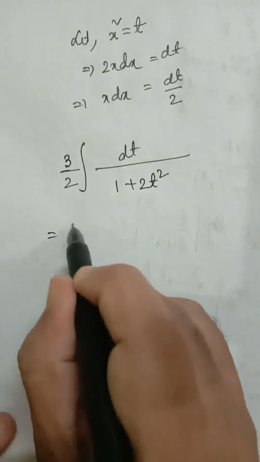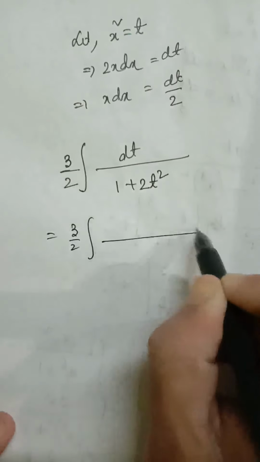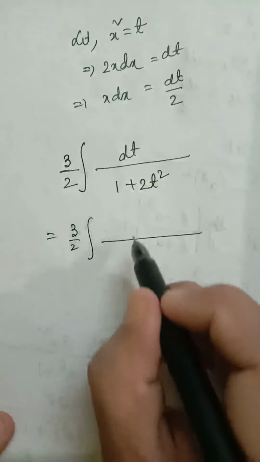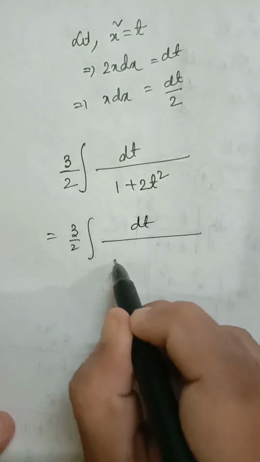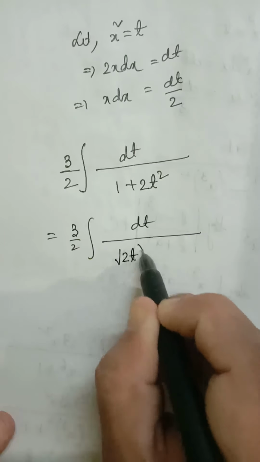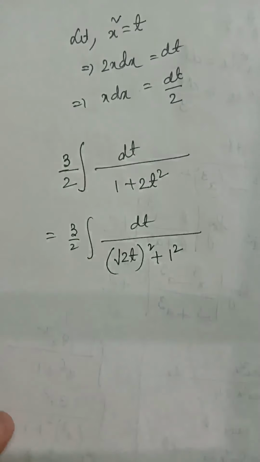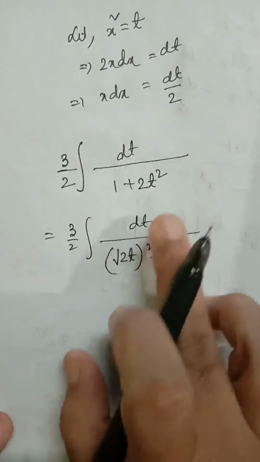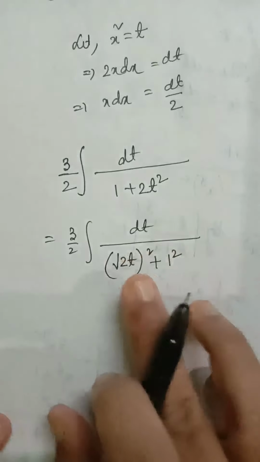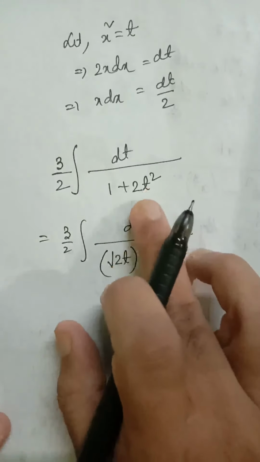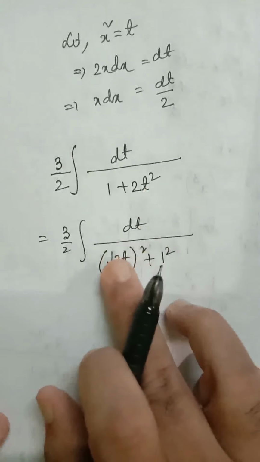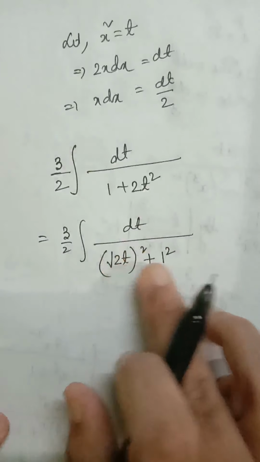Okay, now this is in the form of a standard integral. You can write 2t square as root 2t whole square, plus 1 square. This is of the first form, dt by root 2t whole square plus 1 square.